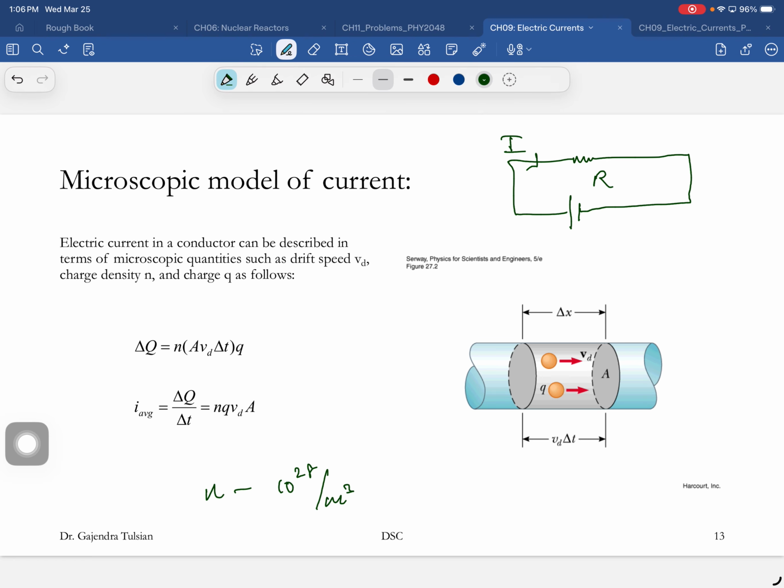So when a current is flowing through this thing, the current is given by the charge density, charge per unit volume. Q is the charge of the carrier. In a metal, the carrier is an electron, so that's the charge of an electron. A is the area of cross section of the wire. V is the drift speed.